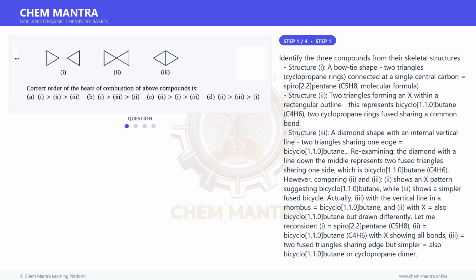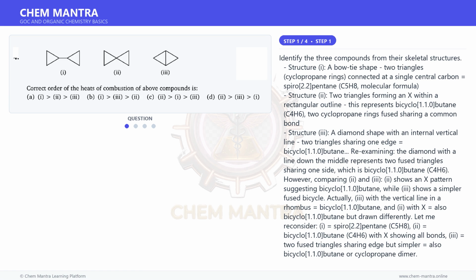However, comparing 2 and 3, 2 shows an X pattern suggesting bicyclo[1.1.0]butane, while 3 shows a simpler fused bicycle. Actually, 3 with the vertical line in a rhombus is equal to bicyclo[1.1.0]butane, and 2 with X is also bicyclo[1.1.0]butane but drawn differently.